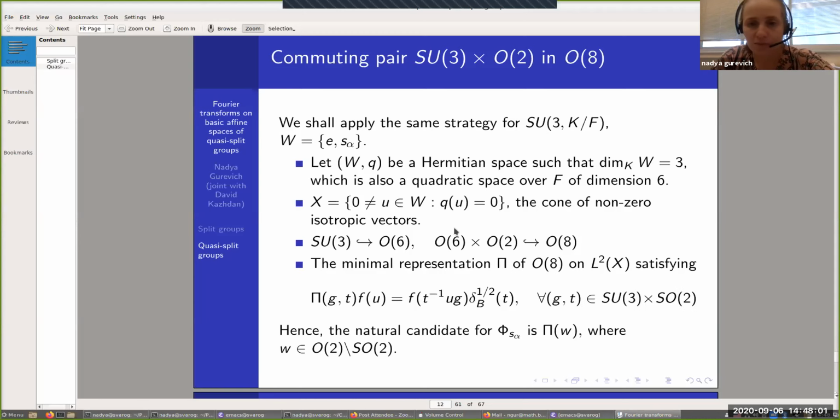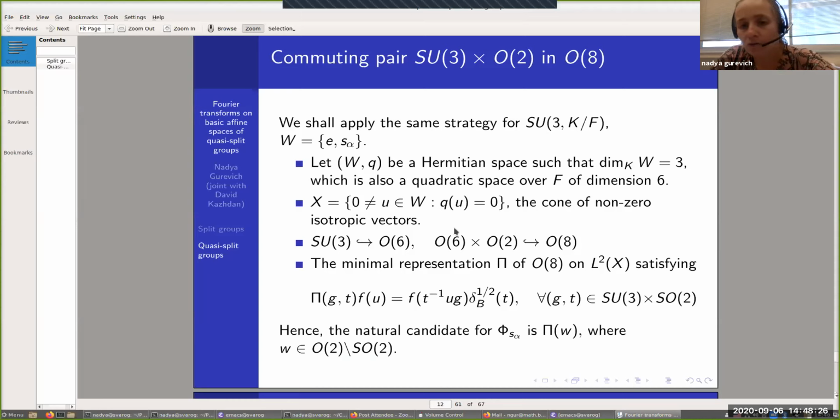And here is a lucky miracle: the minimal representation of O8, a very special representation, can be realized on the space L2 of X. And the action of SU3 is geometric, together with the action of the multiplicative group.